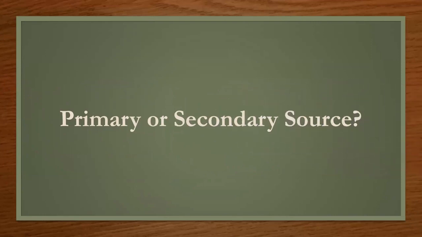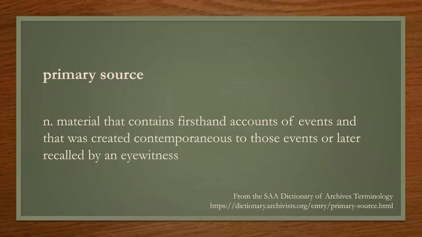The first step in conducting a document analysis is to determine whether you are looking at a primary or a secondary source. Primary sources are material that contain first-hand accounts of events. They were created by someone who lived through a specific time period or event. Primary sources can be contemporaneous to the event or period, for example, a letter or diary entry recounting an event, or later recalled by an eyewitness, such as in an oral history or a memoir.